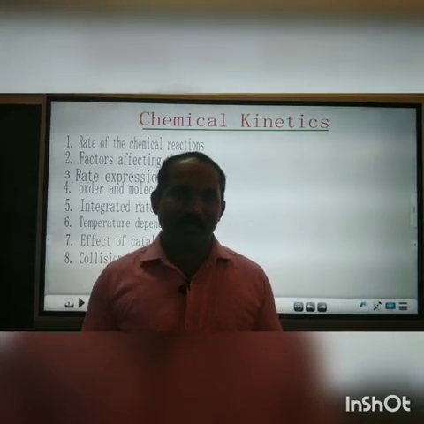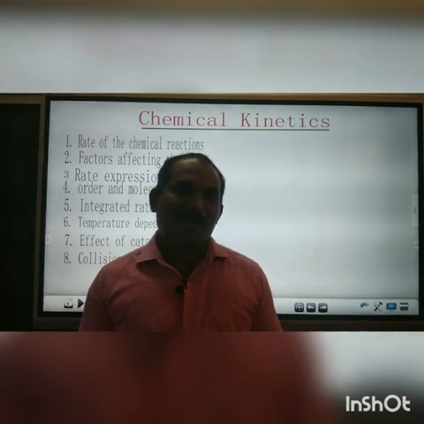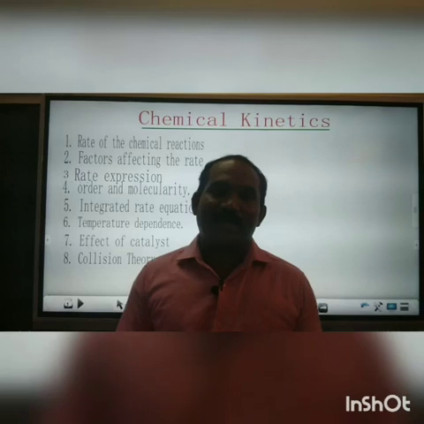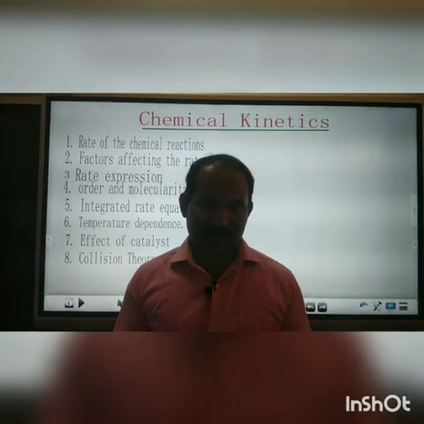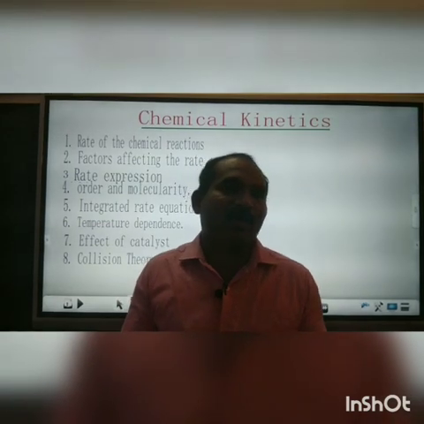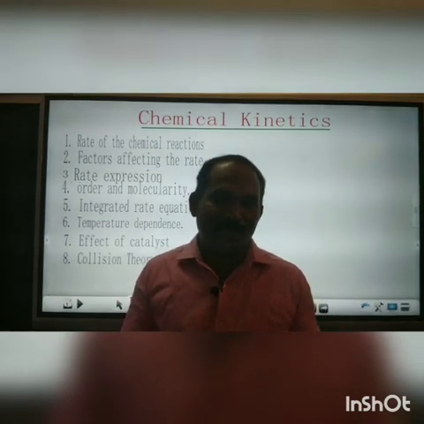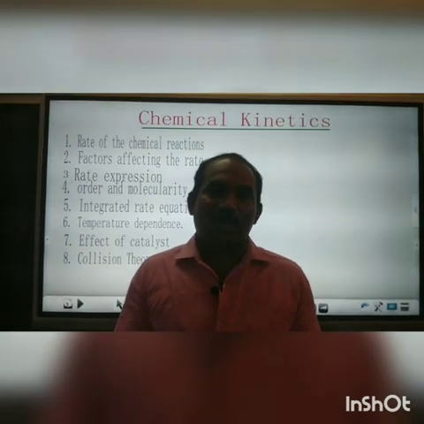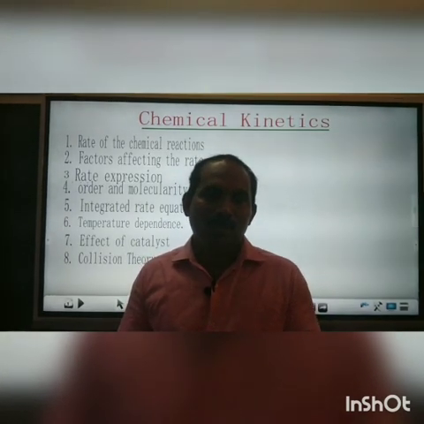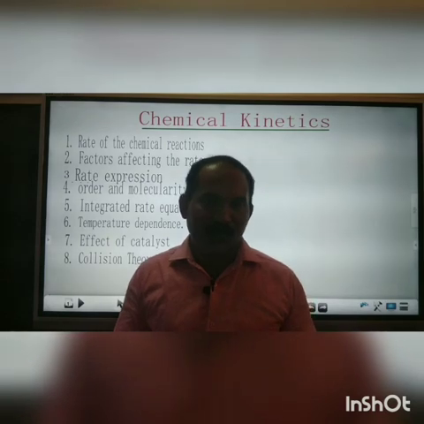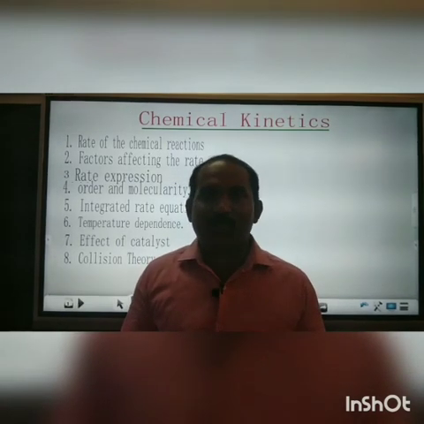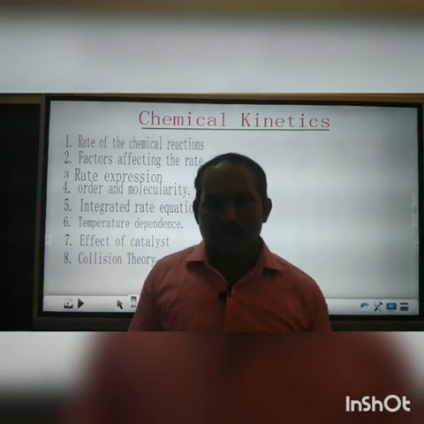So rate is the change in the concentration of any one of the reactants or products. Once again, the rate of a reaction is the change in the concentration of any one of the reactants or products.